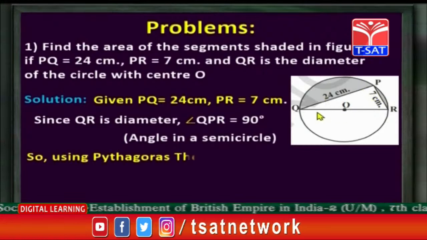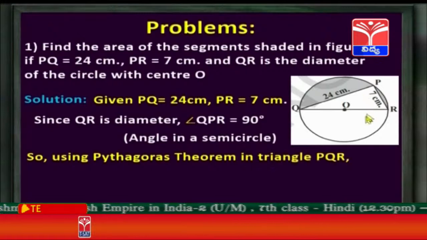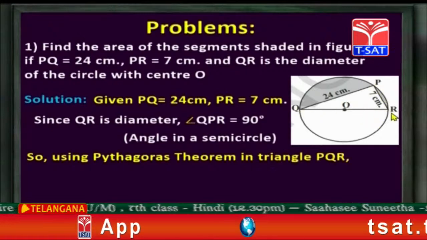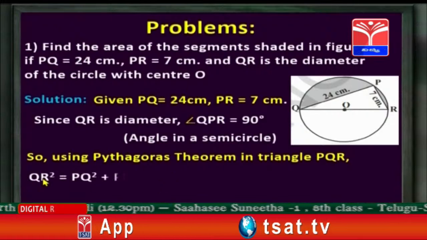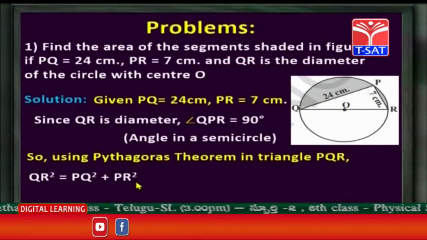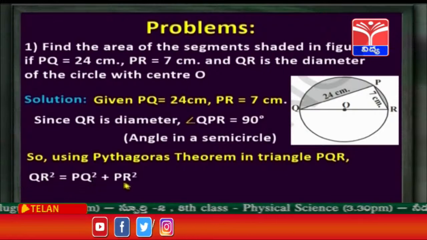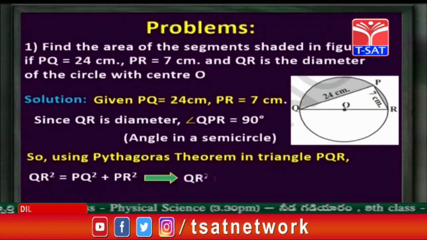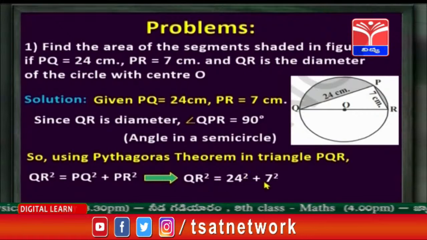So now we will find using the Pythagoras theorem in triangle PQR, QR square is equal to PQ square plus PR square, which is 24 square plus 7 square.